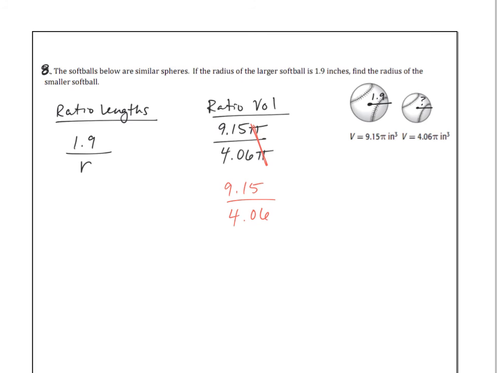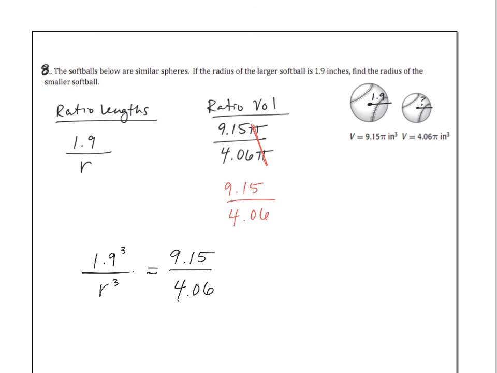Normally, what we have to do is cube the ratio of the lengths to get the ratio of the volume. So here's what our proportion will look like. 1.9 cubed over r cubed should be equivalent to 9.15 over 4.06. We have to cube the ratio of the lengths to make them proportional to the ratio of the volumes.